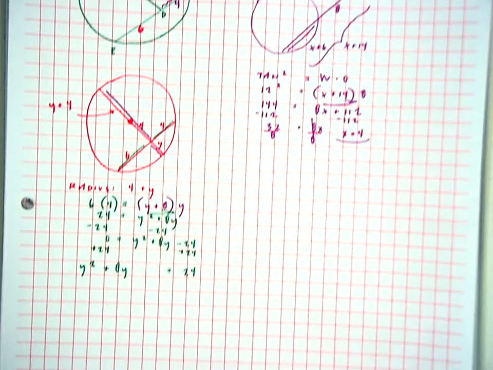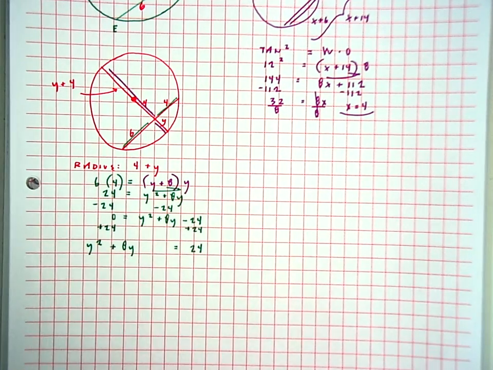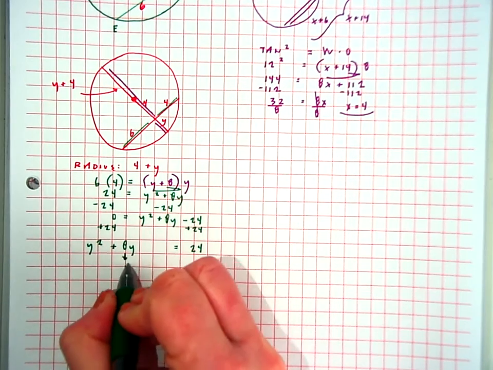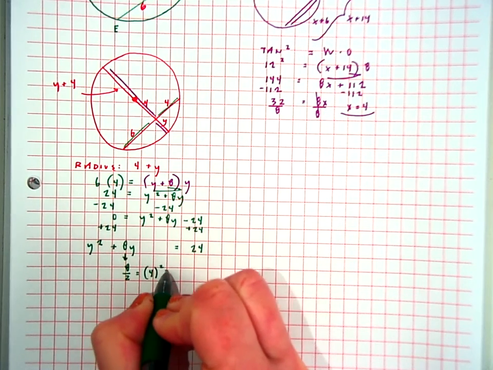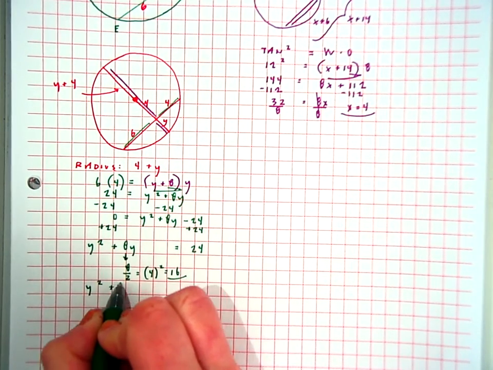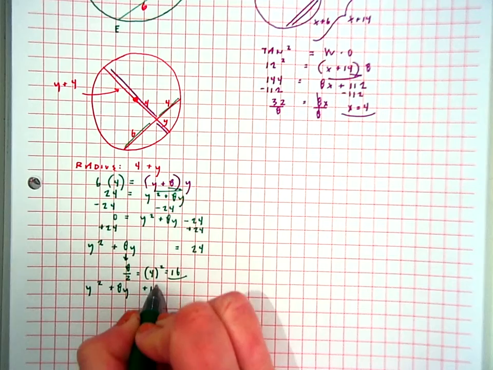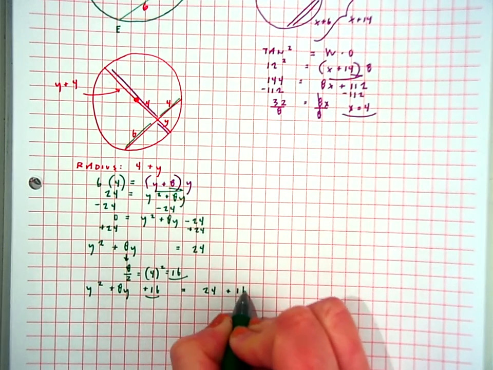When I'm solving by completing the square, I want to split that linear term in half and square it. So 8 split in half is going to be 4. Square it, I get 16. So I have y squared plus 8y plus 16 equals 24 plus 16.